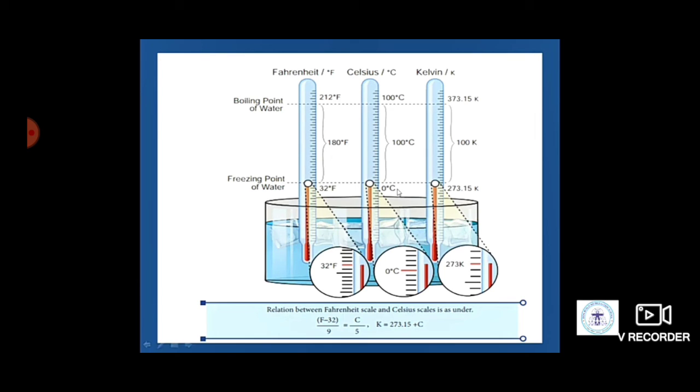Next, 273 Kelvin is the freezing point of water, and the boiling point of water is 373.15 Kelvin. So this is the relation between the Fahrenheit, Celsius and Kelvin scales.